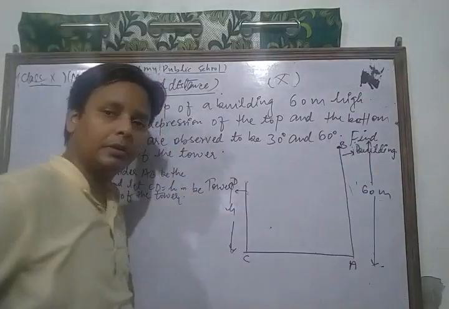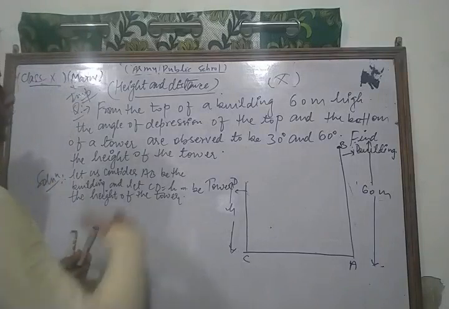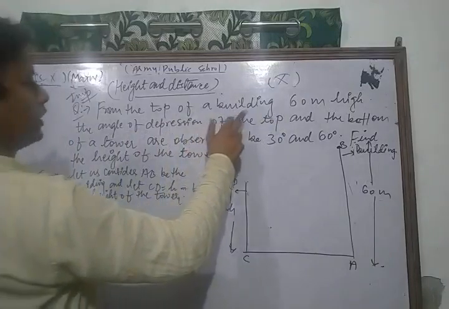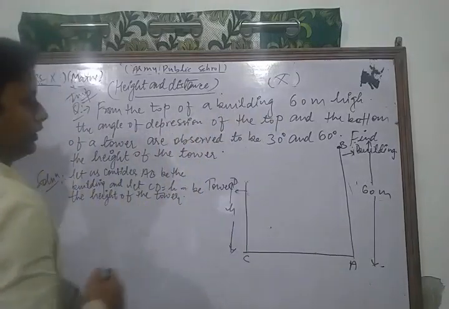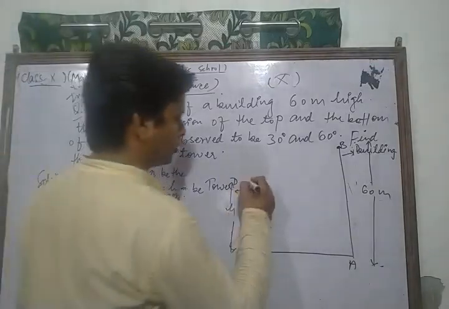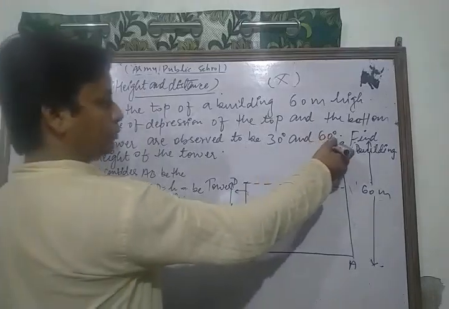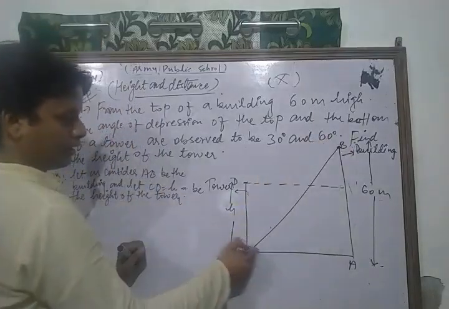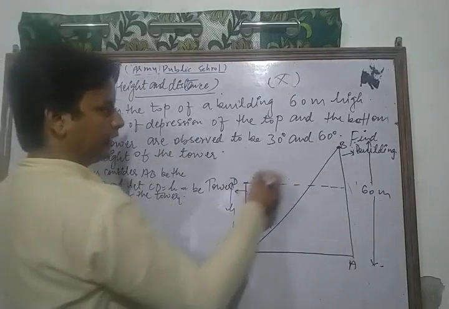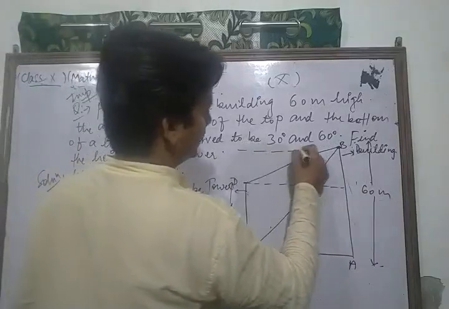Now the observer is at point B. The observer looks at the top and the bottom of the tower, 60 meter high. This is the top of the tower, this is the bottom of the tower. So we join from the bottom and we join from the top, and draw in this way.